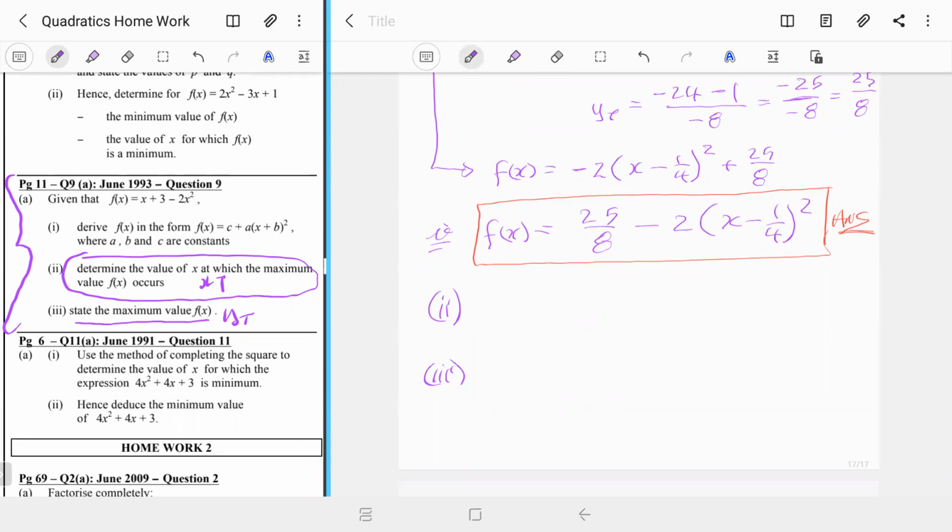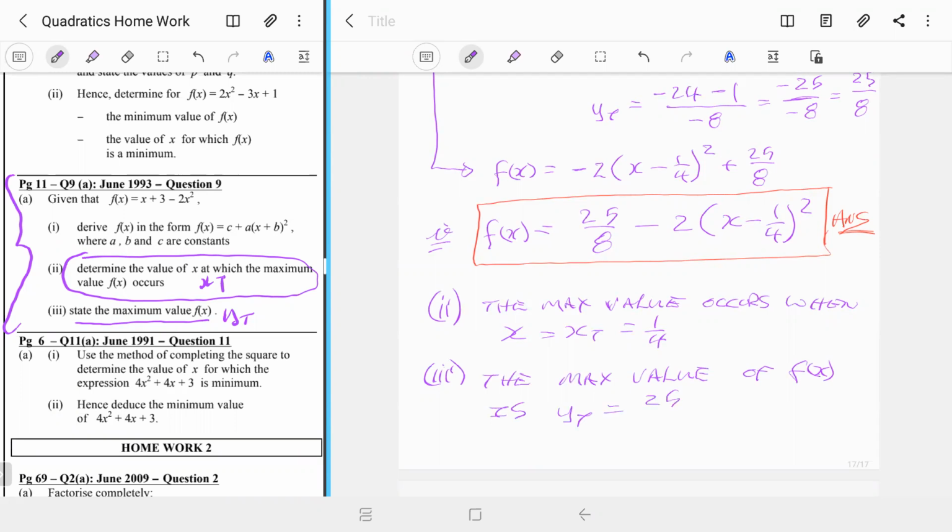So we can say the maximum value occurs when the x value is equal to a quarter. And then part D, we say the maximum value of f of x is that y value at the turning point, which is 25/8.